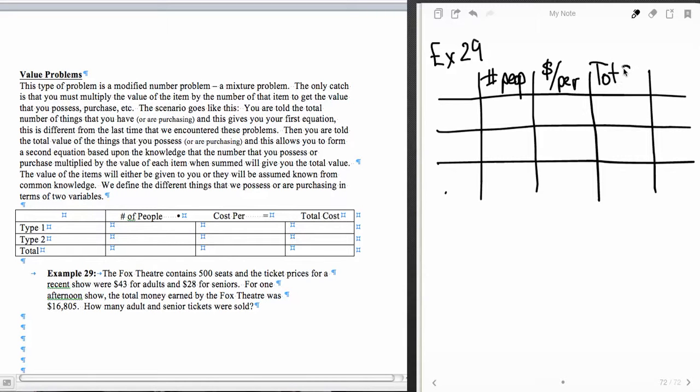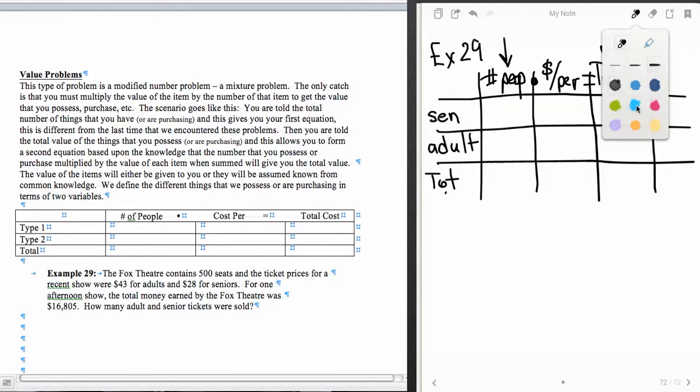And what we have in these is that the number of people times the dollars per is going to give us this total value. Now we have two different scenarios. We have seniors and we have adults. And then we have grand totals. We have grand totals being given to us for both the number of people and for the total values.